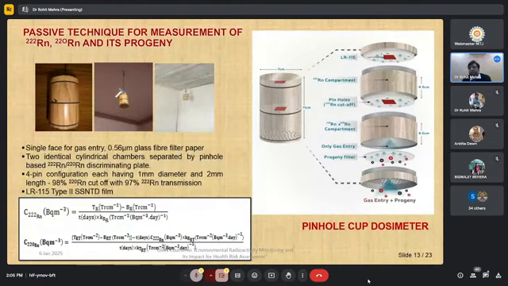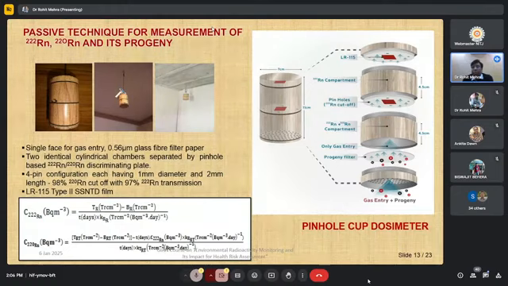One gives you an idea of radon plus thoron, another gives you an idea of radon, and the difference of those 2 is the contribution of thoron, because there is no other direct way to measure thoron concentration with a very simple technique. Of course there are some instruments, but this is a very simple technique.